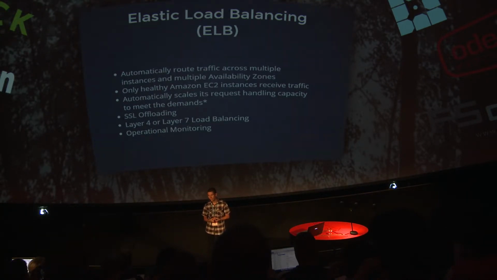If you have large spikes in traffic, for example, from 100 visitors to 20,000 visitors, Amazon suggests you contact them to pre-warm your ELB in order to be able to receive this traffic. Otherwise, it automatically scales up and down without your need. It also has full operational monitoring, so you will have a complete status, for example, of backend latency, 400 and 500 status codes, and things like that.